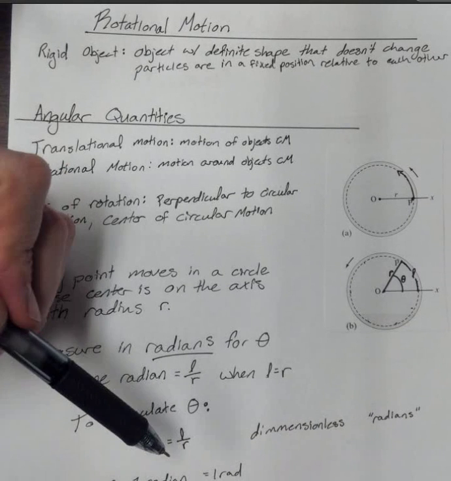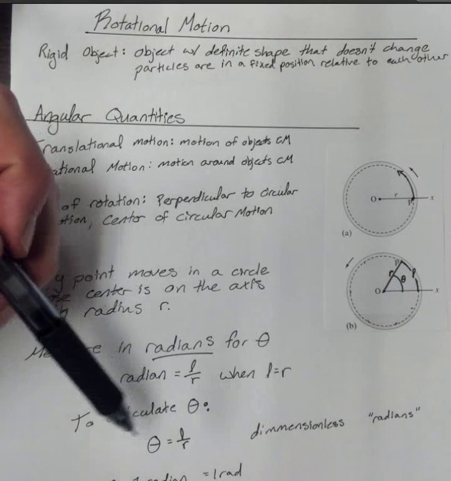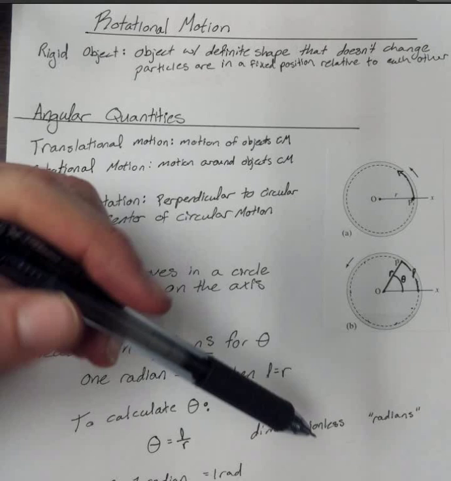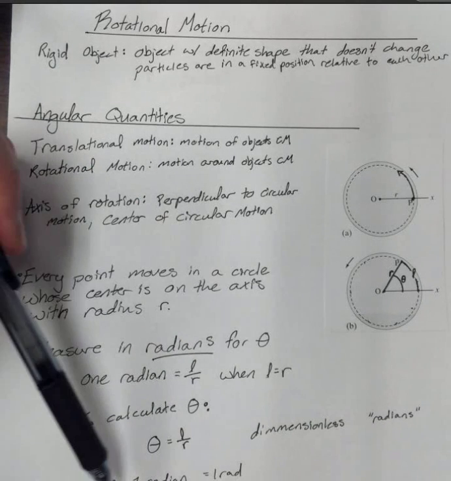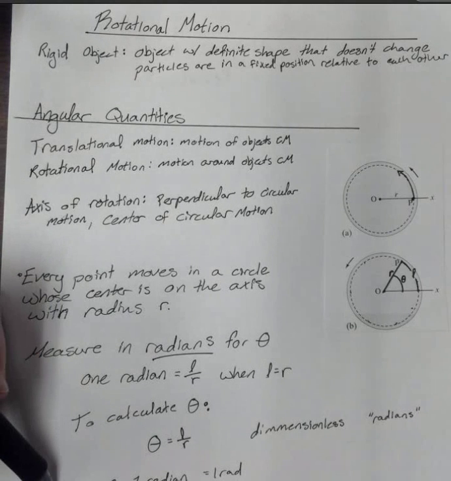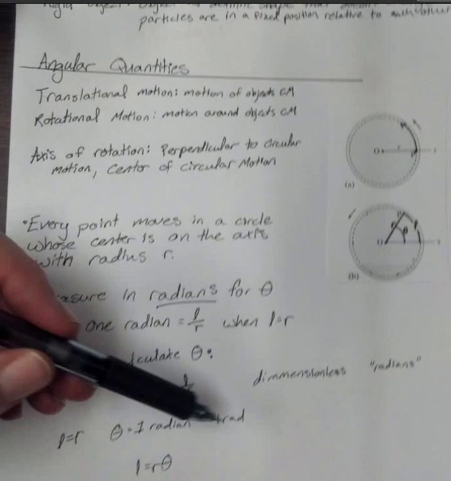That value might be 1, it might be 1.5, it might be 6. It's dimensionless because this is a ratio, meters over meters. And so instead of saying dimensionless, we say radians. So 1 radian is what theta equals when L and R are the same value. When L equals R, then L divided by R equals 1, and that's 1 radian.